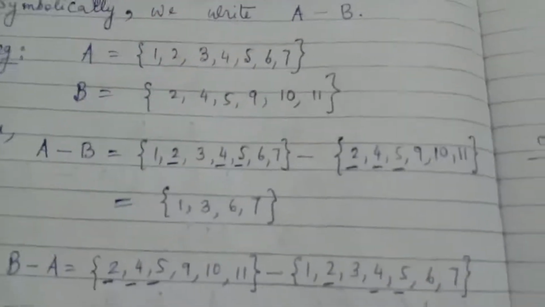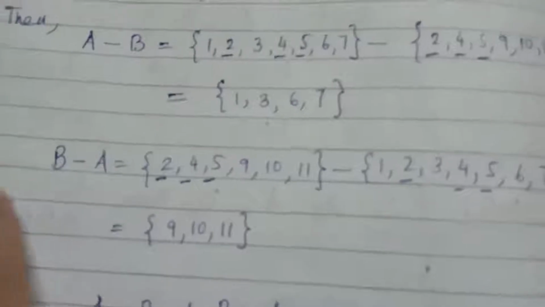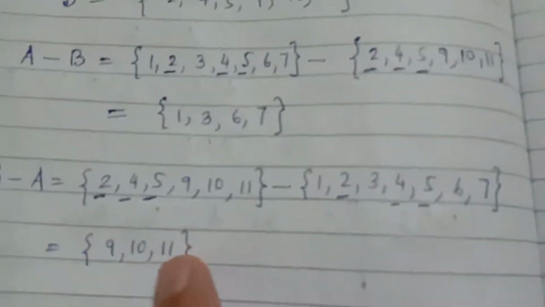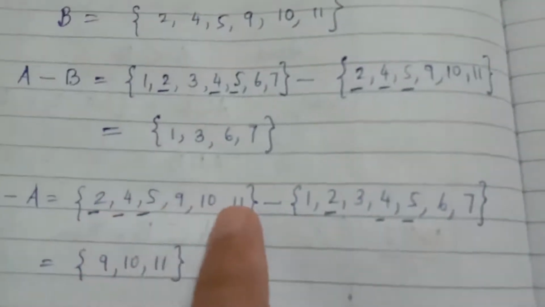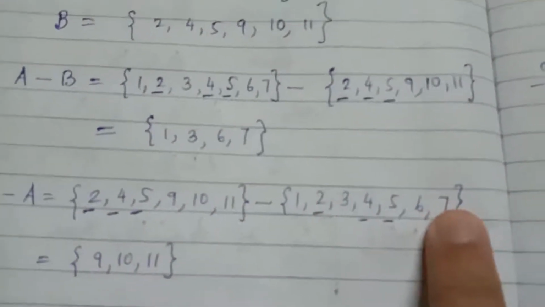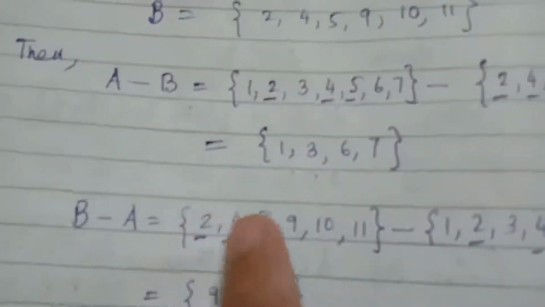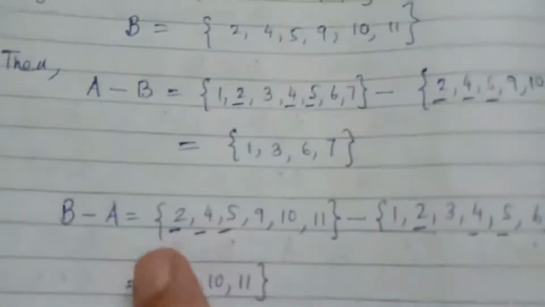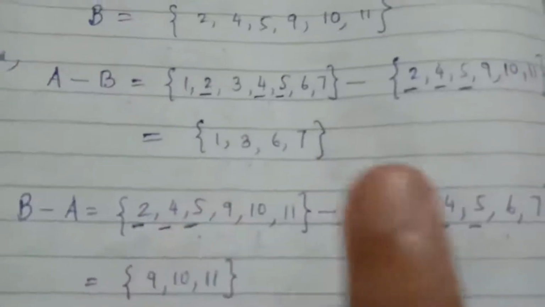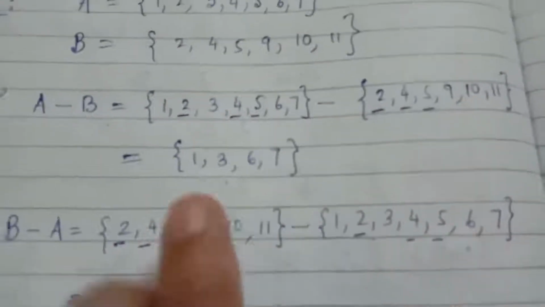Similarly, I find B minus A. B minus A equals, first I have written the elements of B, then elements of A. B minus A means we have to write elements of B, the first set. But before writing, we have to remove the common elements, which are also present in the other set. These are 2, 4, 5, the common elements, so we have to remove 2, 4, 5.